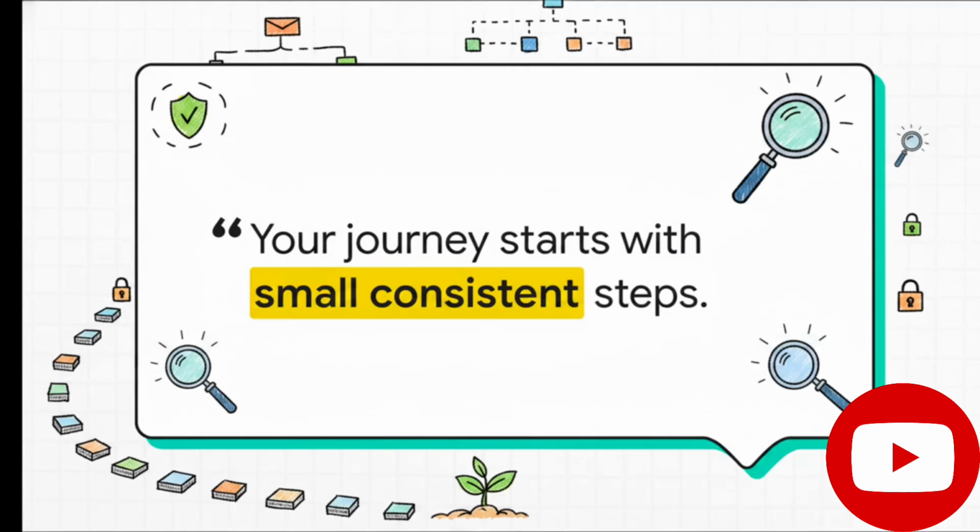To bring it all together, your journey starts with small, consistent steps. HTTPX is incredibly powerful, and look, the internet security industry is absolutely exploding right now. Reconnaissance skills are ridiculously valuable in bug bounty hunting and pen testing. But remember, this industry rewards patience. It rewards the people who actually build structured workflows and stick to them step by step.